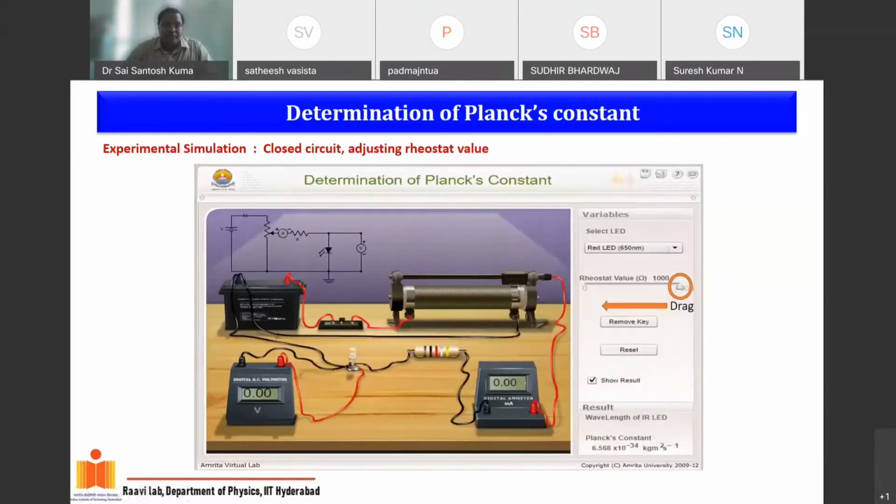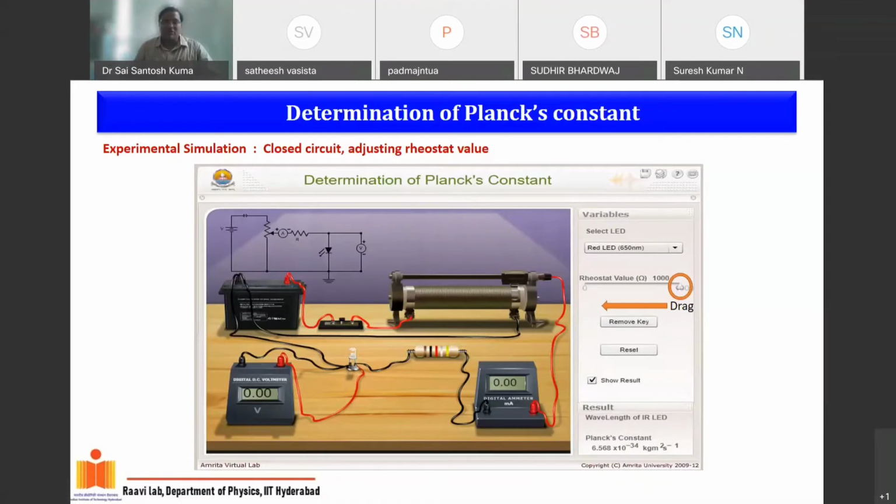And then another point is that unless you do a proper connection, you cannot start the experiment. Okay, so I'll just demonstrate to you also. The reason why in the lab we always put a key here is to make sure that all the connections are there, so that you put the key to close the circuit.